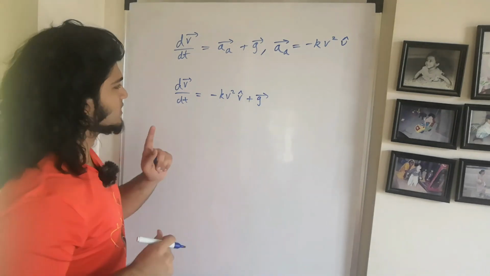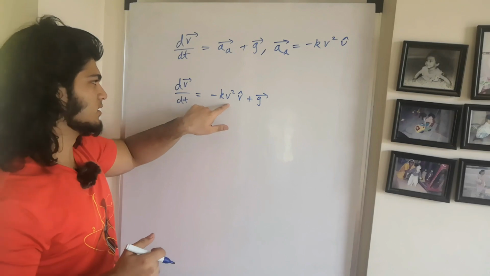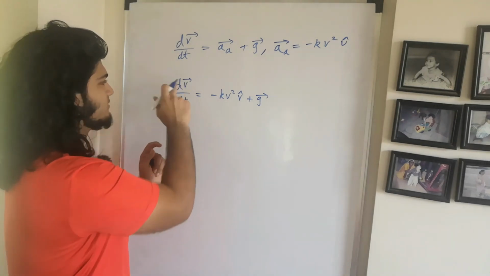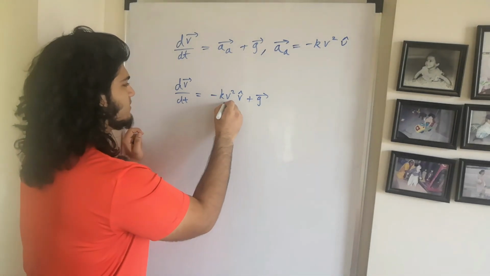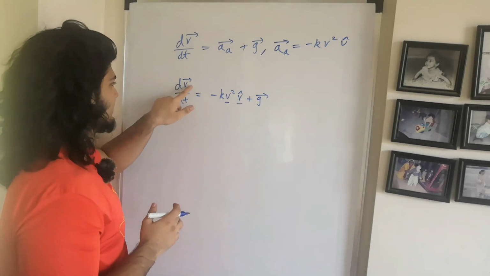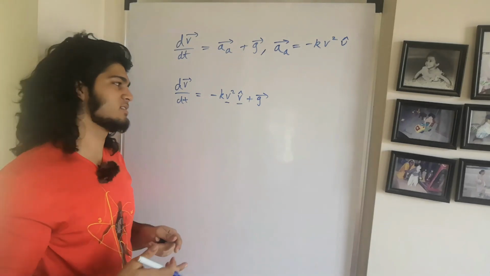Now the problem here is that we have v vector on the left, and on the right we have the magnitude of v, which is just the magnitude of v vector, and v hat. So we have the separate magnitude and direction of v vector on the RHS. So this is not really a function of v vector as such.